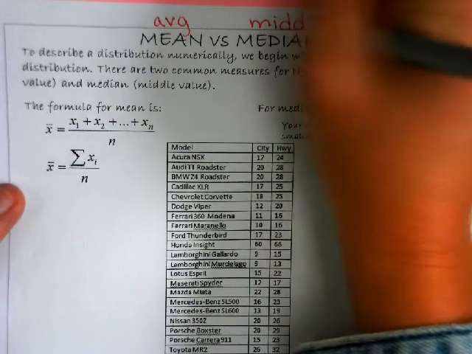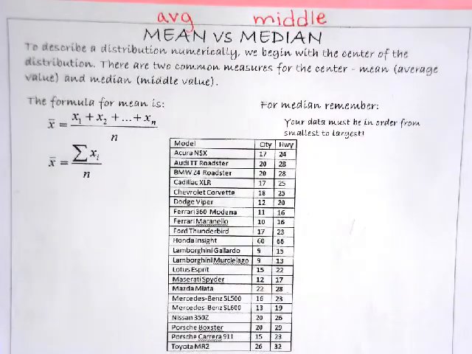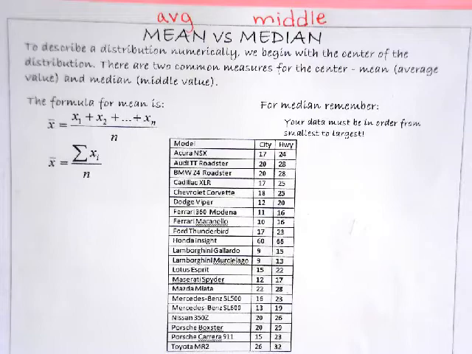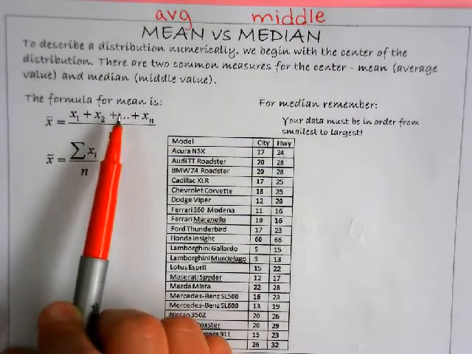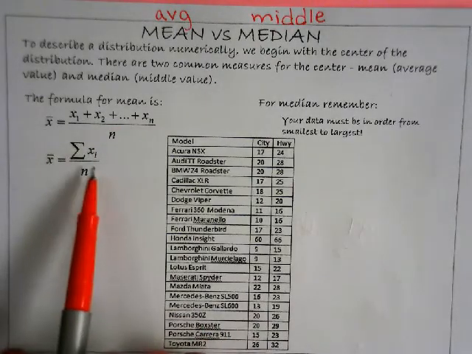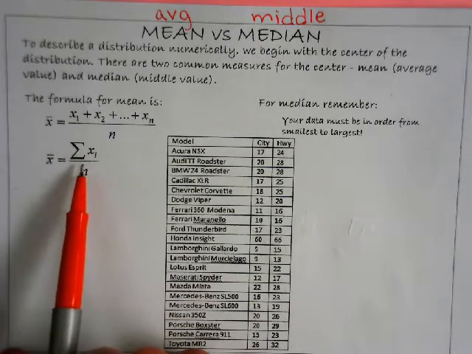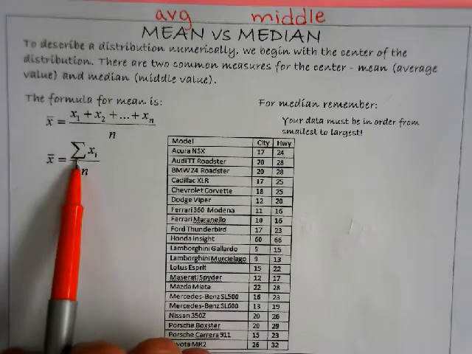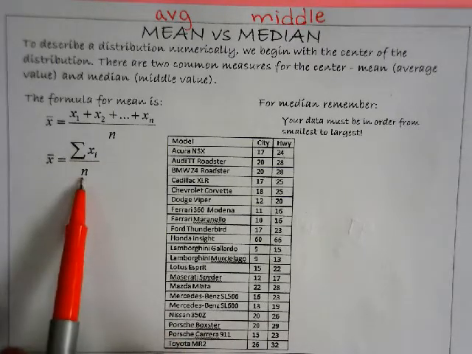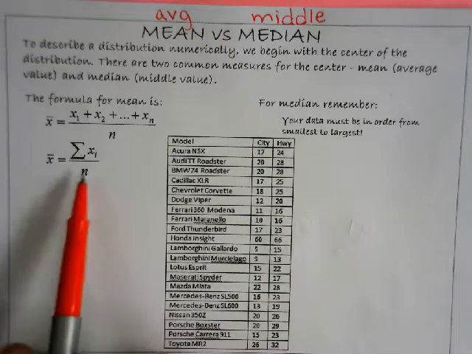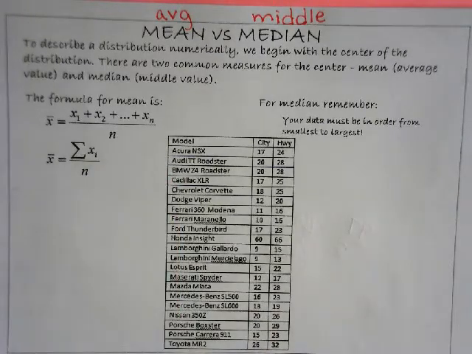On the left, I put the formula for finding the mean. It looks really complicated. All it's telling you to do is add every piece of data and divide by the number of pieces you have. Just like if you were to find your average GPA.